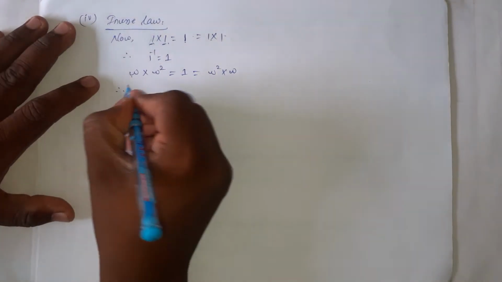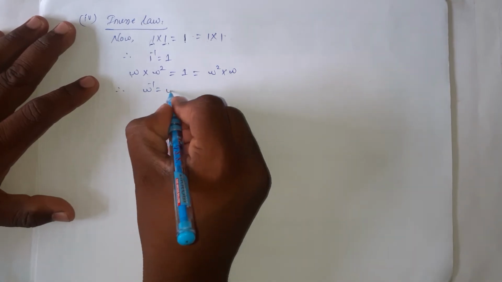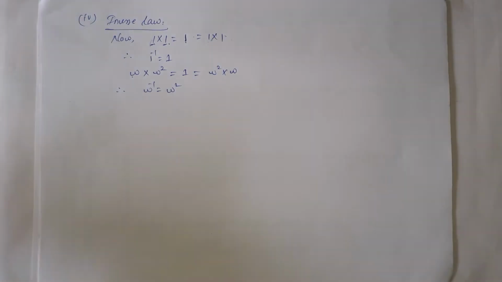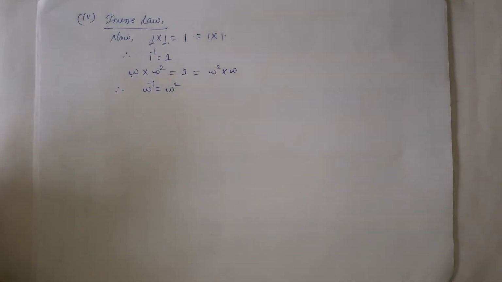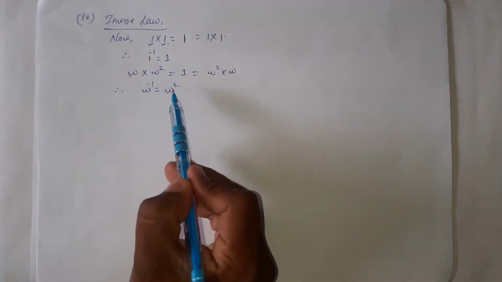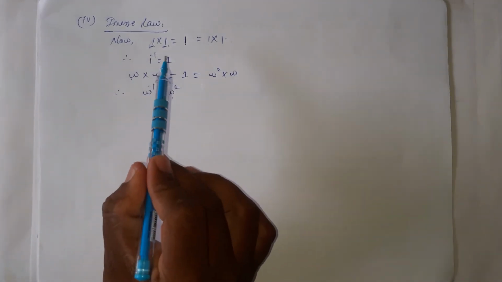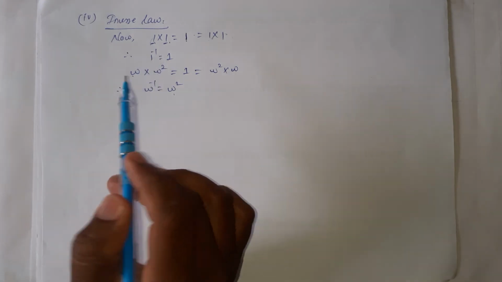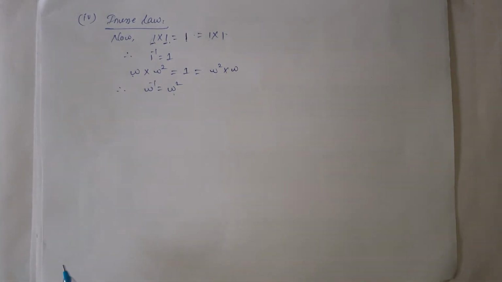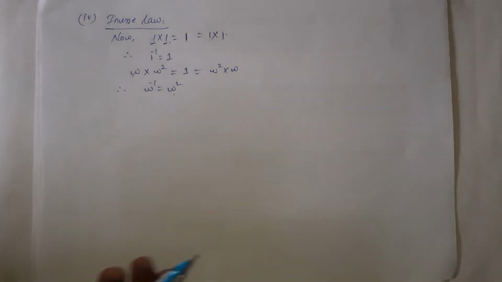Therefore, the inverse of omega is omega square. Omega square is also in G and 1 is also in G, which means the inverses of each element must belong to the given set.